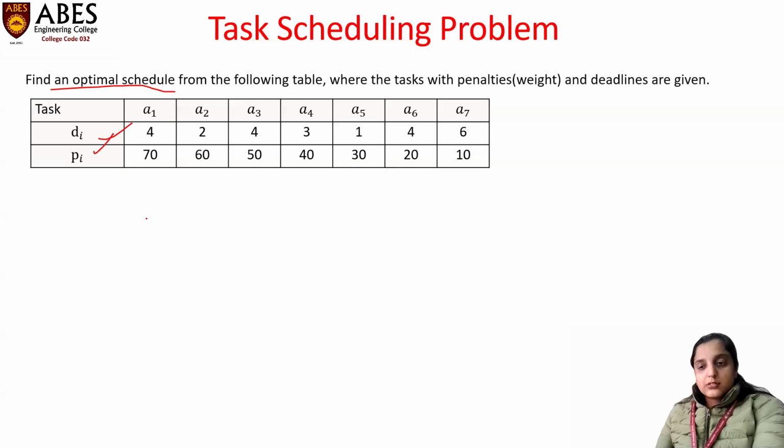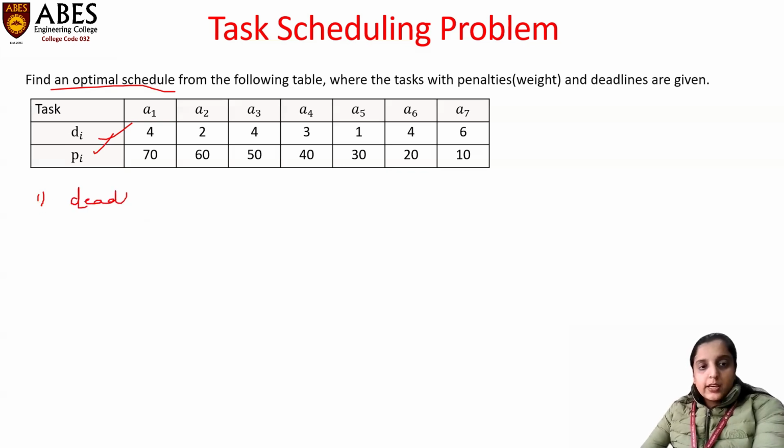When we used to discuss this question in the class, we would ask students what approach is coming to their mind. Students used to say, ma'am, the first approach that we can apply in this question is to sort the tasks with respect to deadline in ascending order.